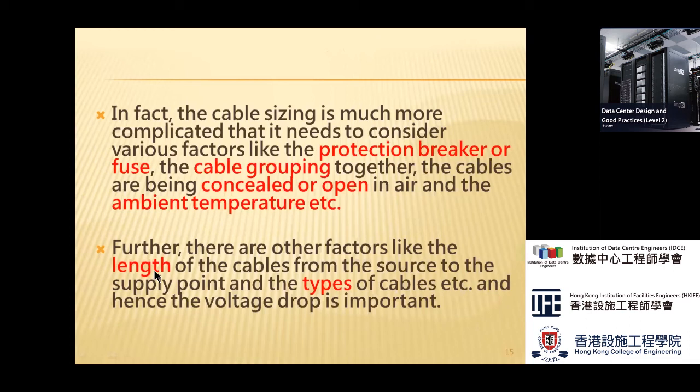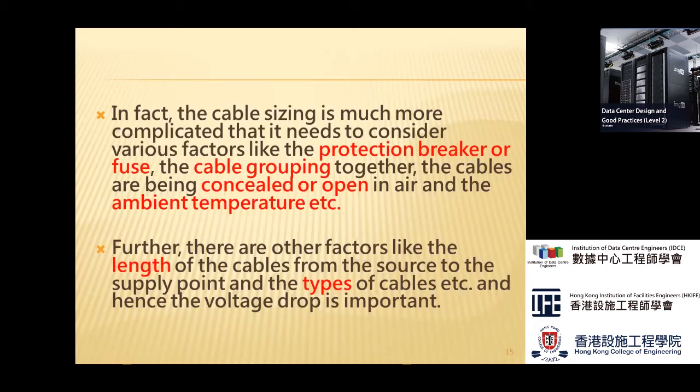We mentioned this before. The length of the cable is like the length of pipes. The voltage is similar to the pressure in the pipe system. The longer the distance, the larger the voltage drop of the cable, and hence you want to use a larger cable for a long distance.